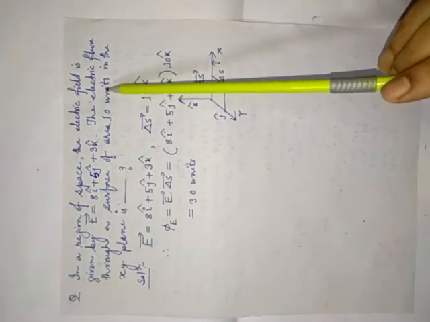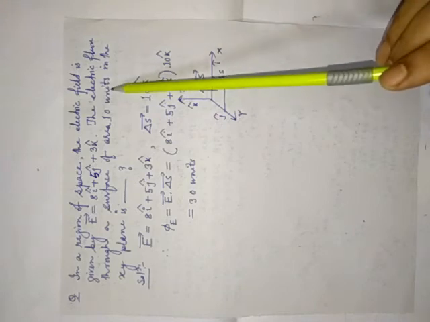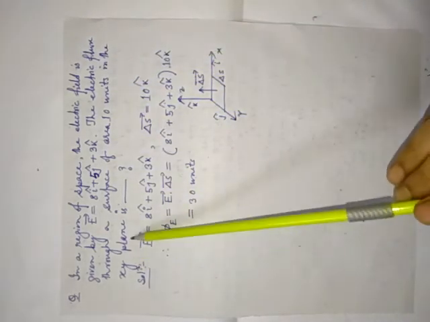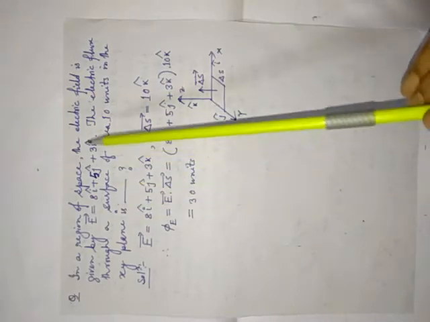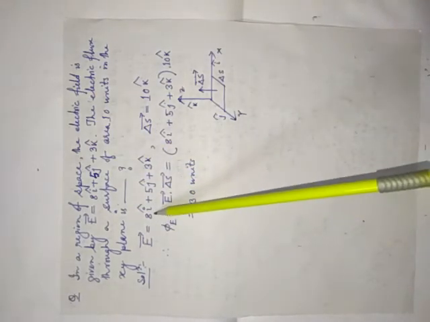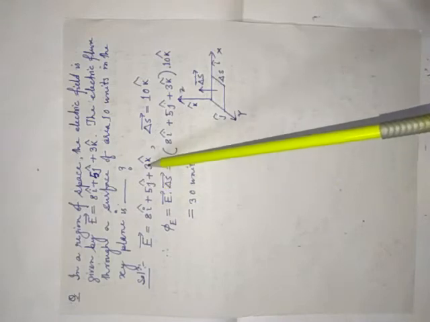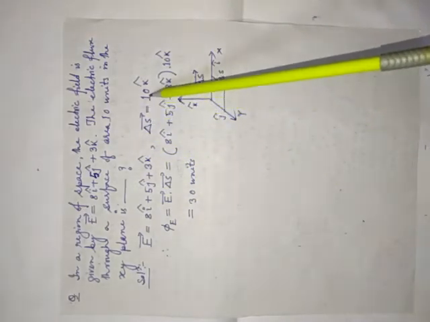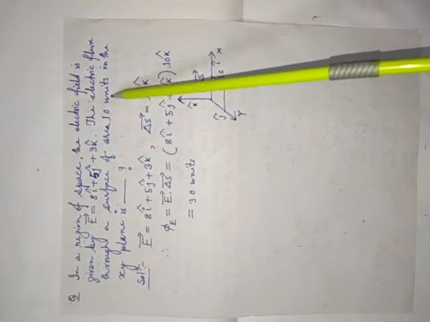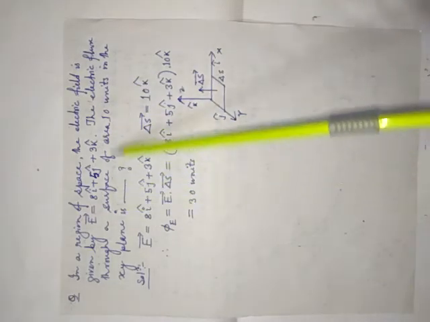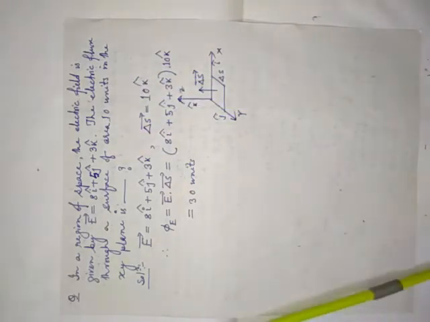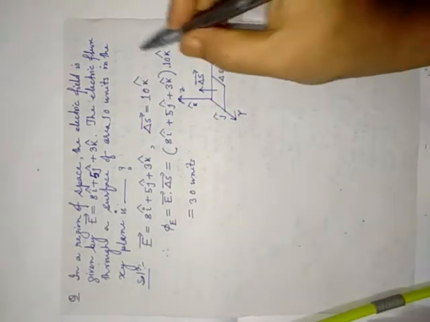Okay, now the electric flux through a surface of area 10 units. Here it is not given whether it is centimeter square or meter square. It is not given, just in terms of units it is given. In the xy plane is what? Okay, here electric field is given 8 i cap, 5 j cap, 3 k cap, and delta S is given. Delta S is equal to 10 unit, but direction, how to find out? Area 10 units in xy plane.